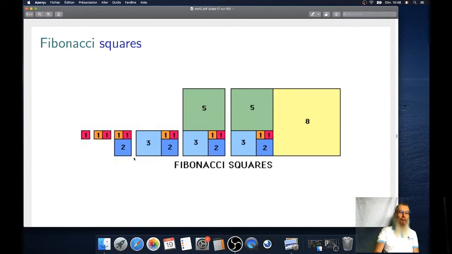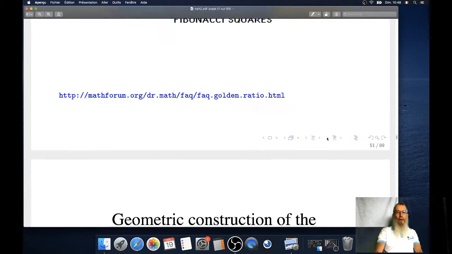So you have a rectangle where the sides are 2 and 3. So along the long side, you put a square of side 3. You have a rectangle of side 3 and 5, and you put a square of side 5, and then of side 8, and then you get the sequence of Fibonacci squares.